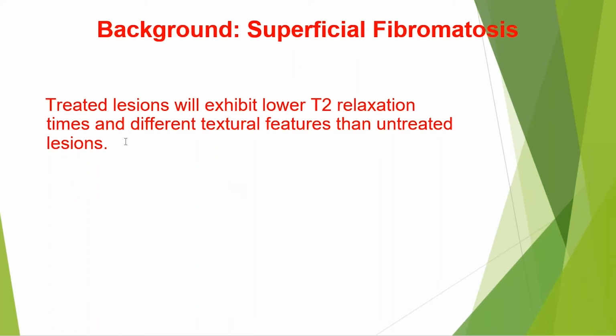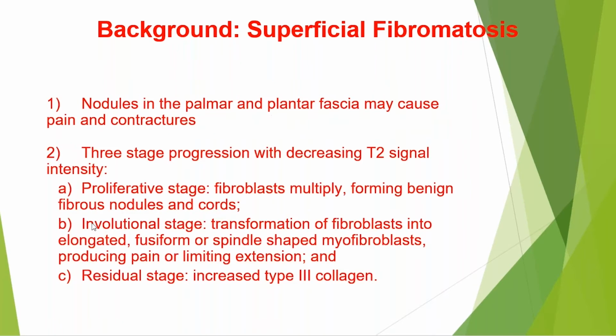Again, our background on this research centered on treated lesions exhibiting lower T2 relaxation times than untreated lesions, in particular regarding the textural features, or radiomics. And as at the beginning of this presentation and others for the last several days, we are focusing on Ledderhose disease and Dupuytren's disease.